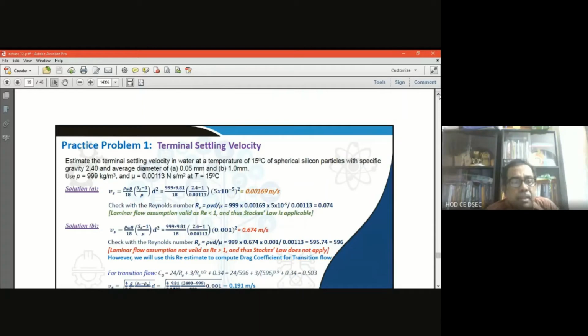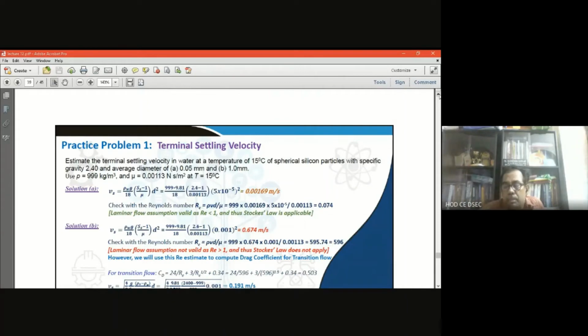So at the very beginning, I am just going to deliver the concept with a simple problem on Stokes law. Now the question given: the terminal settling velocity, that is Vs, you have to find out. Of course, as I've told you, the settlement velocity depends on the temperature.